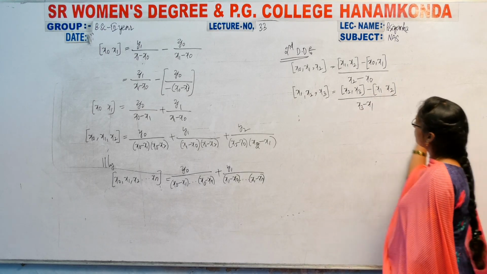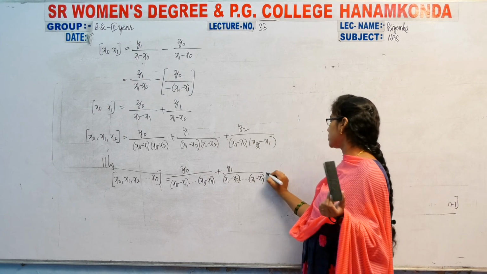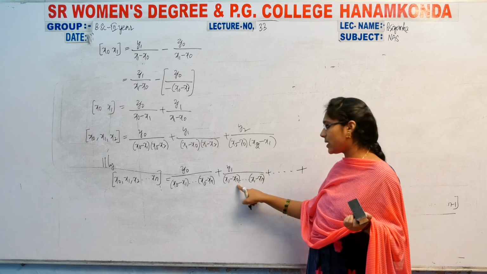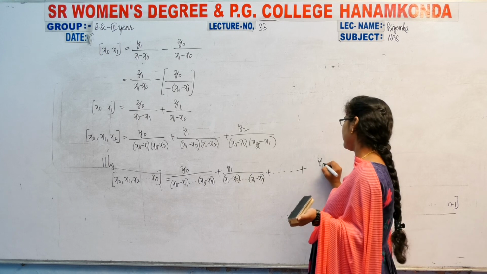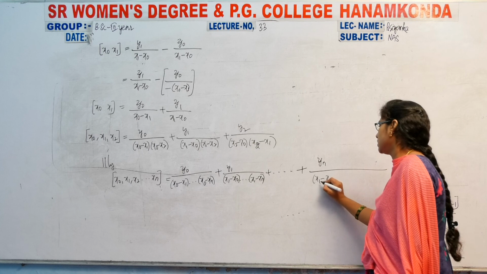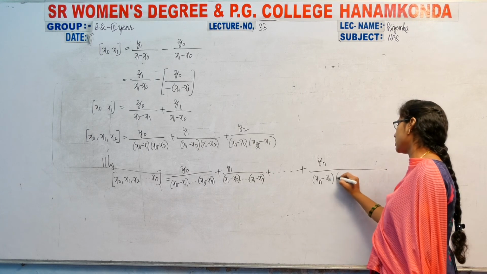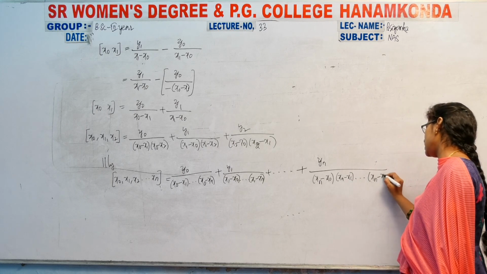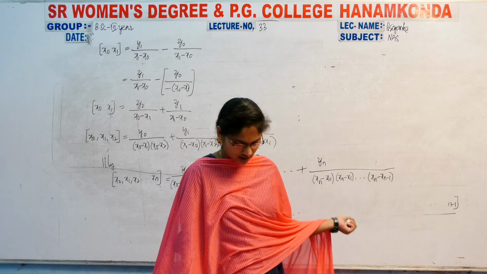Plus so on. Next value will be y2 by x2 minus x0, and so on x2 minus xn, and finally yn by xn minus x0, xn minus x1, and so on xn minus xn minus 1. These are the similar formulas.